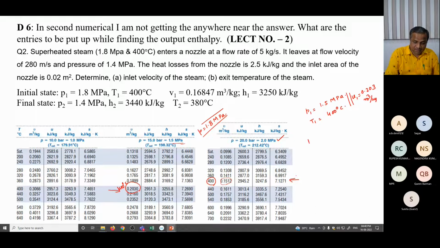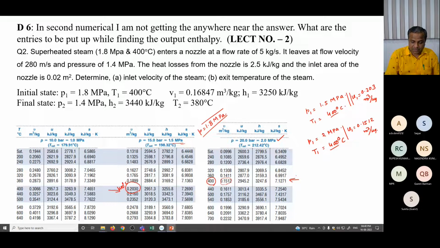Now when I take P1 at 2 megapascal and T1 at 400 degrees centigrade, remember in both the cases temperature remains the same, v1 is 0.1512 meter cube per kg.